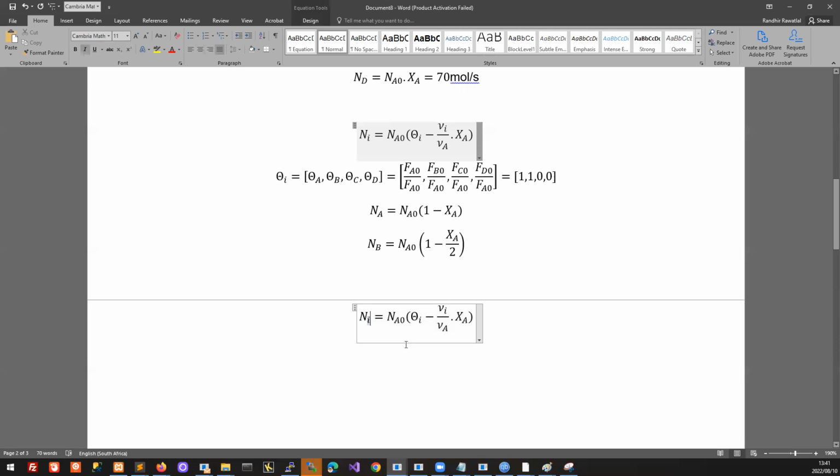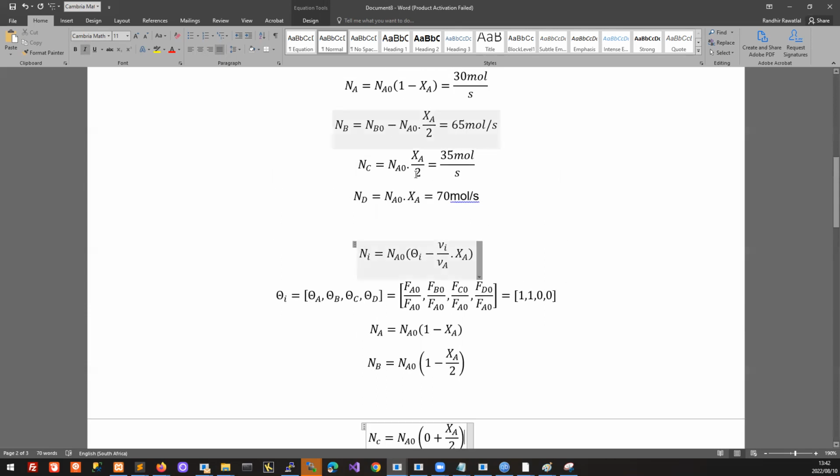So this is NC. This is a 0. And we've got a plus 1 over a minus 2. So that's minus a half. And then times a minus here, that's going to give us plus 1/2. So this is plus XA over 2. And if you look here, that's what we said earlier, right?